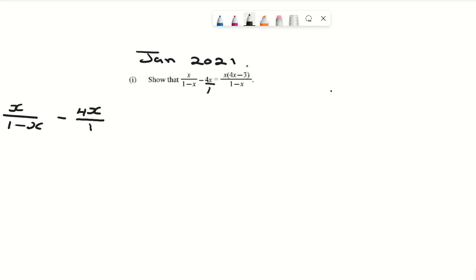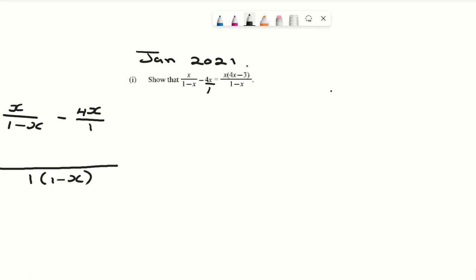And then if we have two denominators, we find something called the lowest common multiple. So we are going to ask what could go into 1 minus x and 1. And when we have expressions like this, what we basically do is multiply the two denominators. So it'll be 1 by 1 minus x.